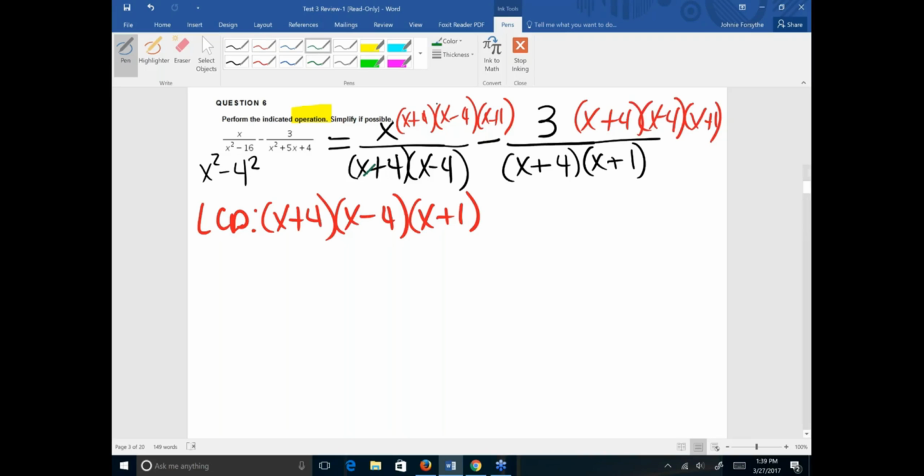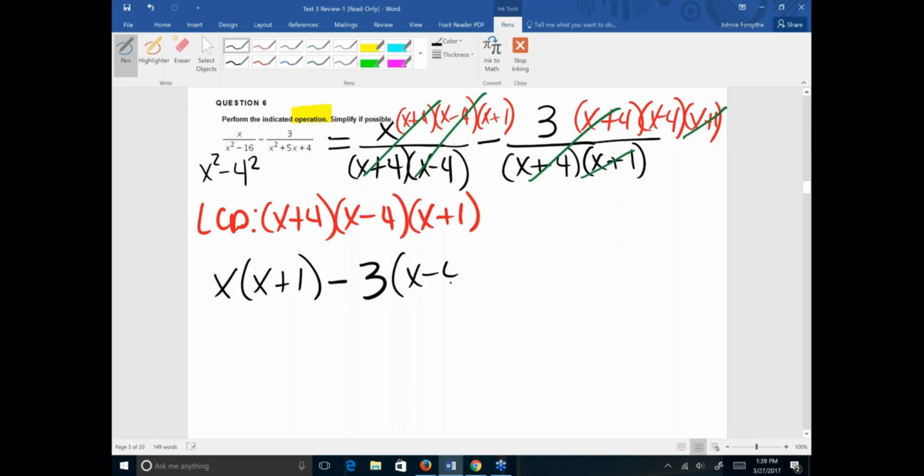Let's see, x plus 4 cancels, x minus 4 cancels, and so at the top I'm just going to have x times x plus 1. Okay, and now over here, the second rational expression, you see the x plus 4 cancels, the x plus 1 cancels, and then all I have left is minus 3 times x minus 4.